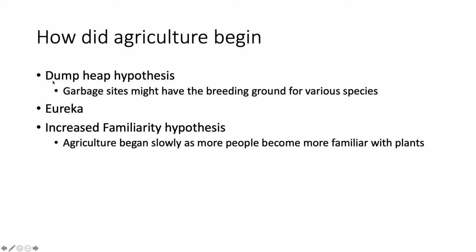So one is the dump heap hypothesis, which tells us that garbage sites might have been the breeding ground for various species. So you can imagine a group of humans, and after eating a food plant, they maybe thought of throwing out the seeds.